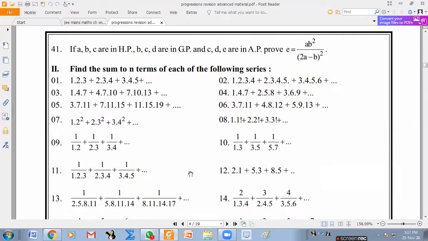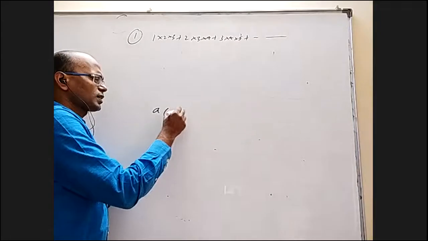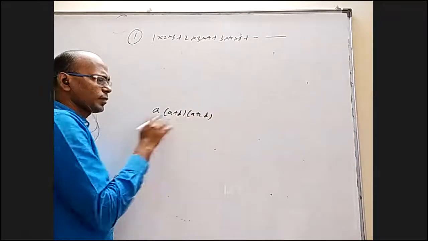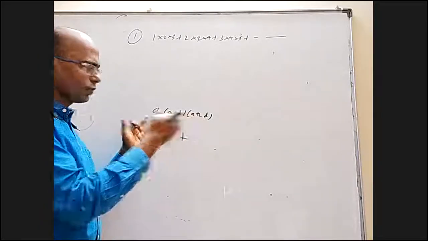1 into 2 into 3 plus 2 into 3 into 4 plus 3 into 4 into 5, and so on. Whenever you have a into a plus d into a plus 2d, those are some terms of an AP. There is an AP in the first three terms: 1, 2, 3.